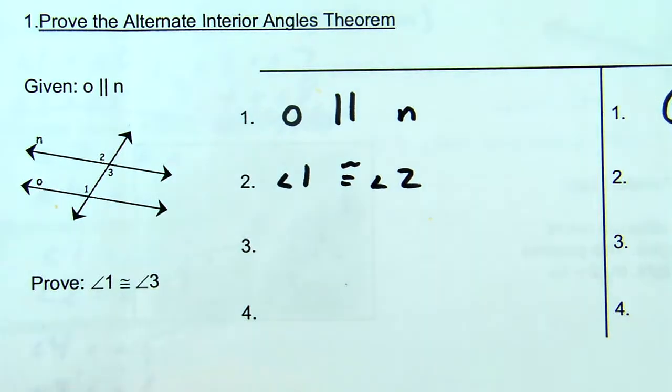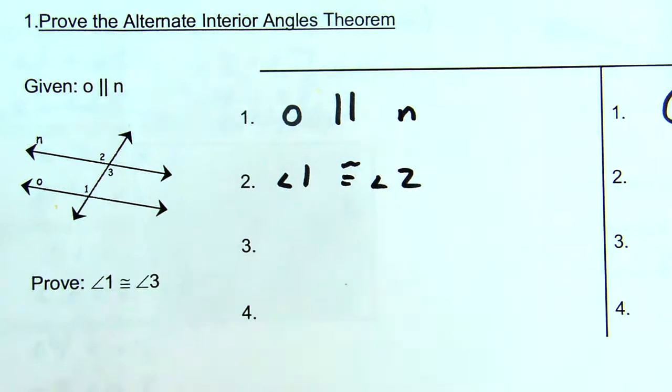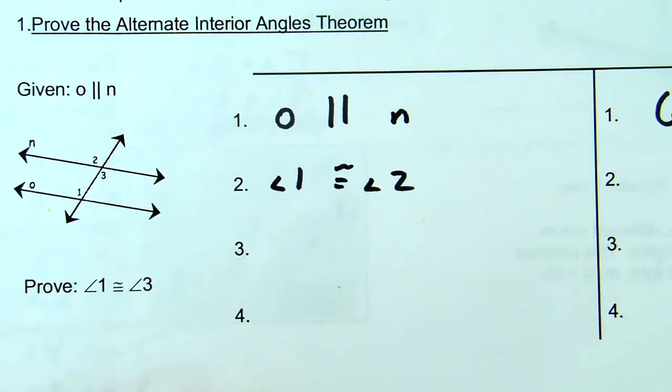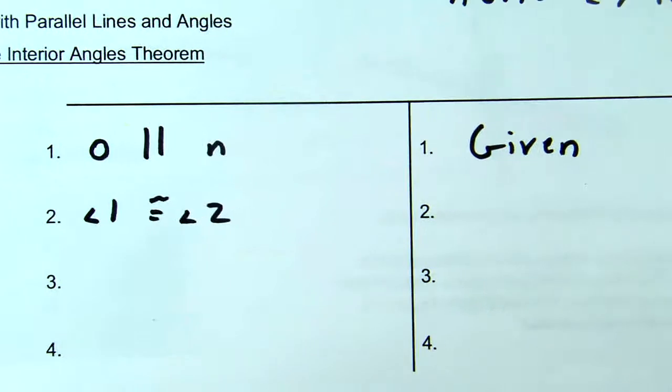The reason that angle 1 is congruent to angle 2 is because they're in the same position. Notice if you cut this piece in half, they're both in the top left region. And the theorem for that is corresponding angles.